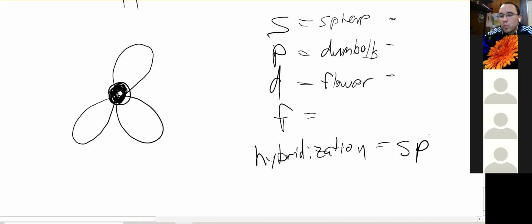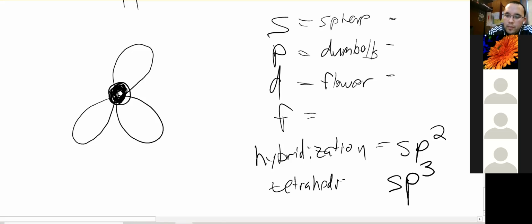And so hybridization was one way that we started to answer this, is that we started to mix them together in order to get the experimental shapes that we started to see. So SP2 is trigonal planar. What shape does SP3 look like? Tetrahedral. What about SP3D? Trigonal bipyramidal. Very good.